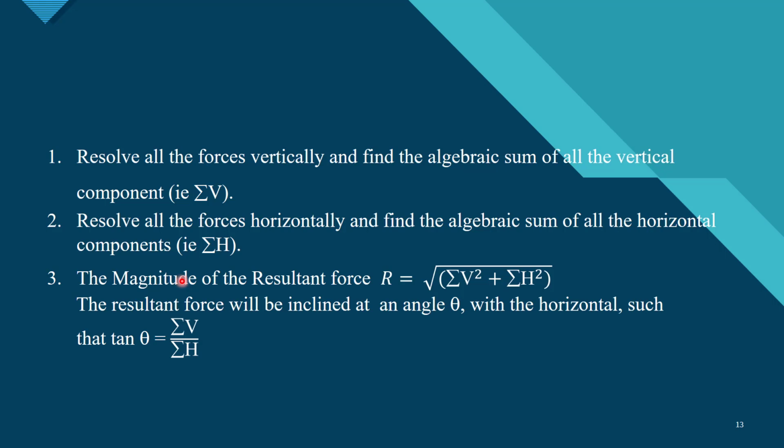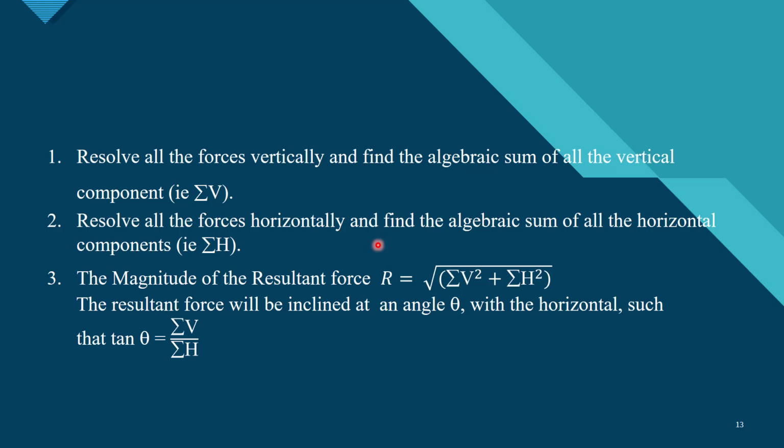Now we need to resolve all the forces into two components, one component along the x direction and the other component along the y direction. So if there are six inclined forces, we will resolve each force into two components. In total, you will have 6 into 2, that is 12 components of forces.